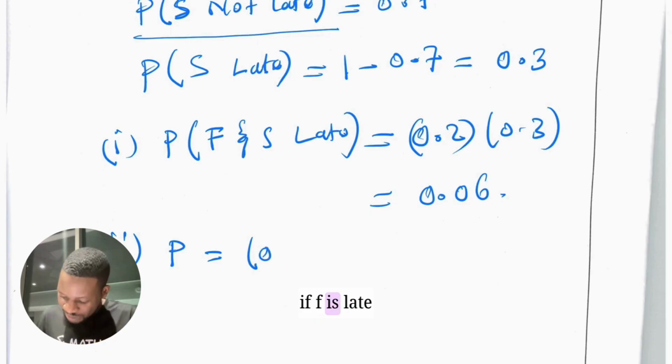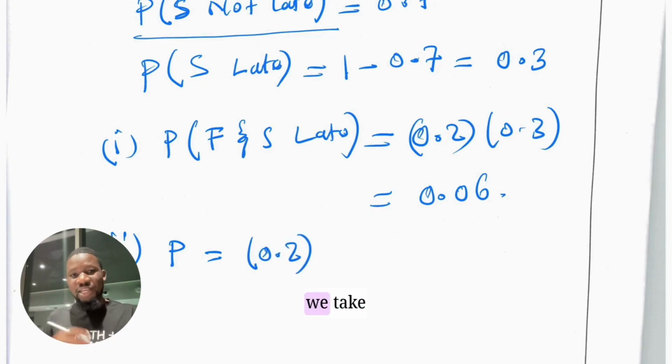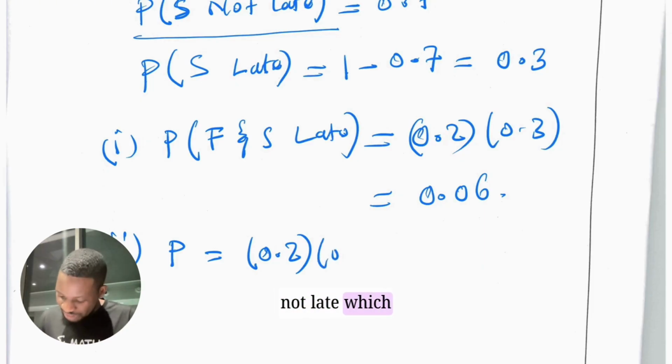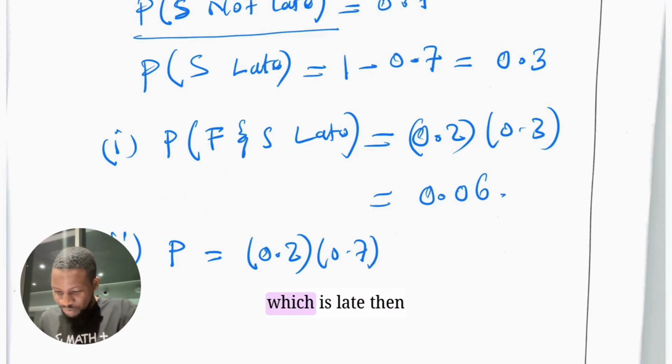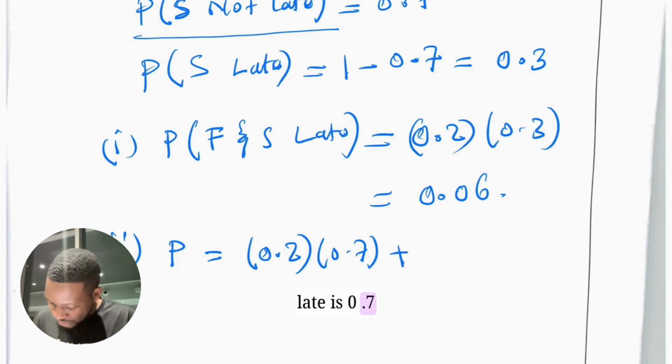So if F is late, we have 0.2. Then we take the product with S not late, which is 0.7. Okay, so 0.2 is F, which is late. Then S not late is 0.7. Then we add the opposite, right?